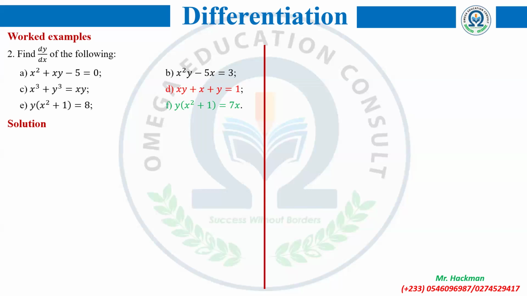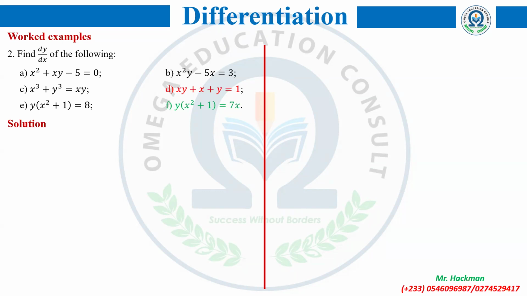Indirectly, we looked at implicit functions, where y is not made a subject, or you have terms in x and y in your given function, relation or equation, if you so put it. So we are going to continue from there.